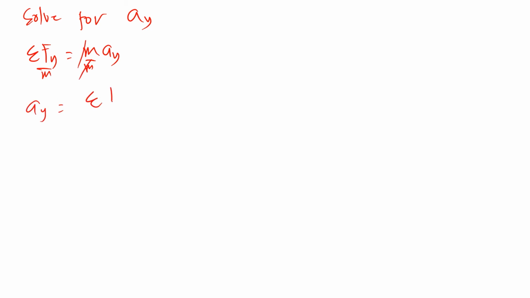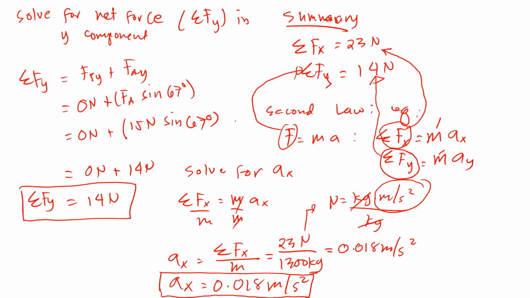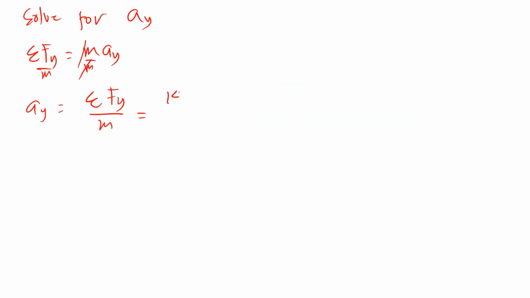Next is solve for acceleration in y component. Divide both sides of the equation by m. So a sub y is equals to summation of force in y component over m. Substitute the value for force in y component, which is 14 newtons, divided by 1,300 kilograms.